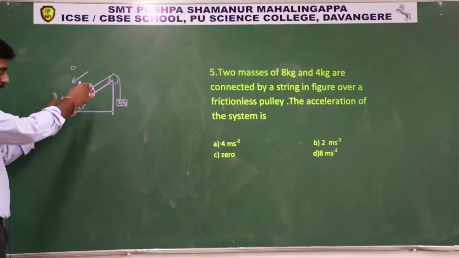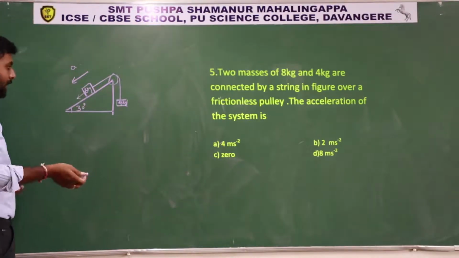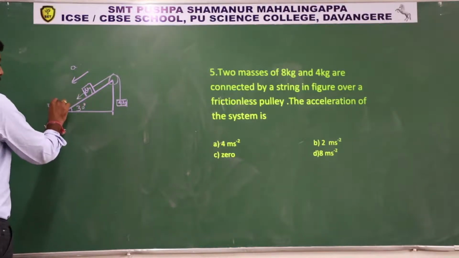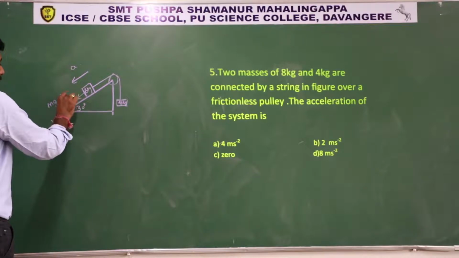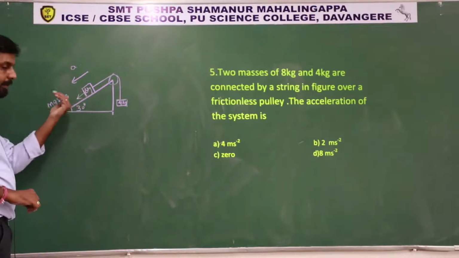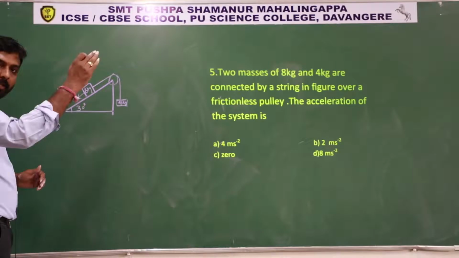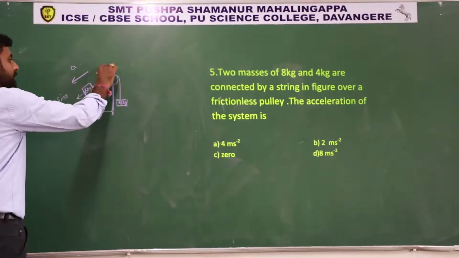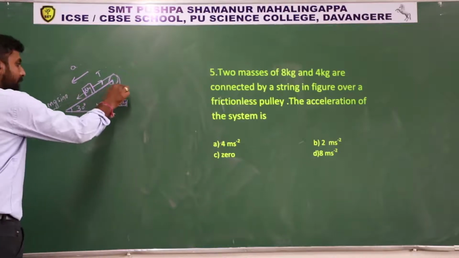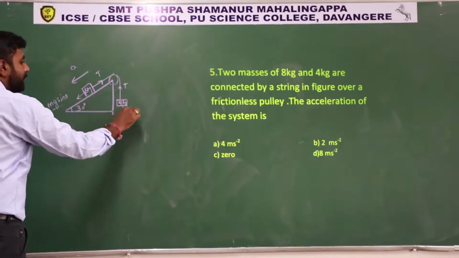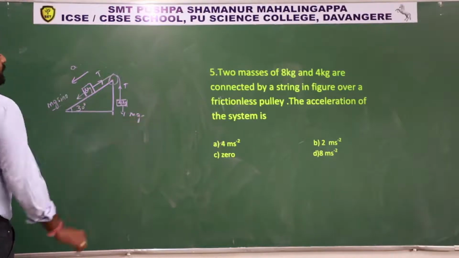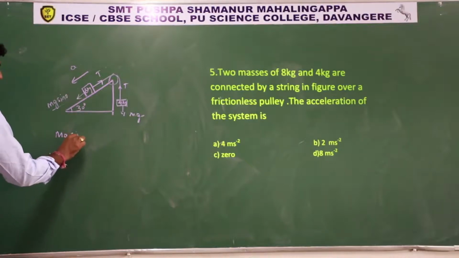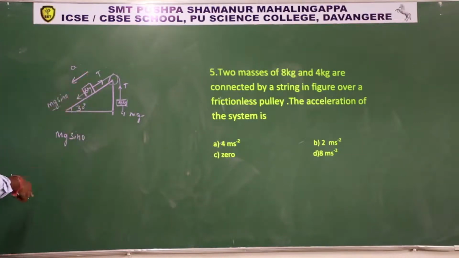In the last class, in the wedge problem, I explained that in this direction mg sin theta force is acting, isn't it? Mg sin theta force is responsible for the motion of this object, and in this direction tension will act. Here also tension, and here also m into g. Then here mg sin theta, directly I am writing the equations.